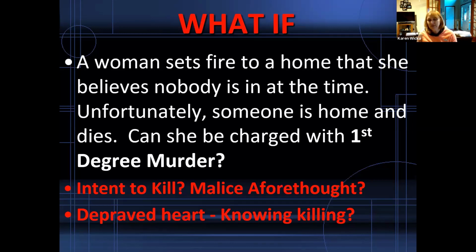So it doesn't really fit perfectly in intentional killing, first degree, or depraved heart killing, which is second degree. But we still think this is bad because she really did still intend to commit a really bad crime, and the consequences were that somebody died.